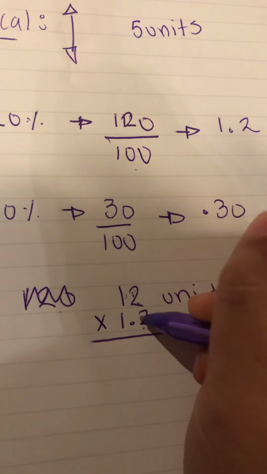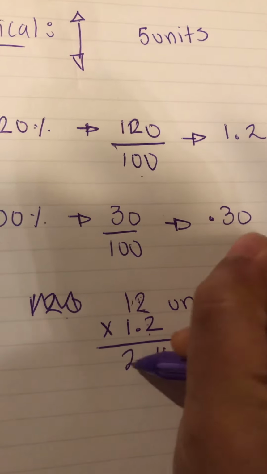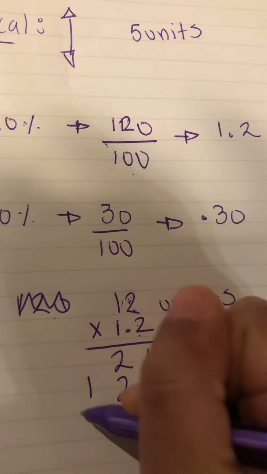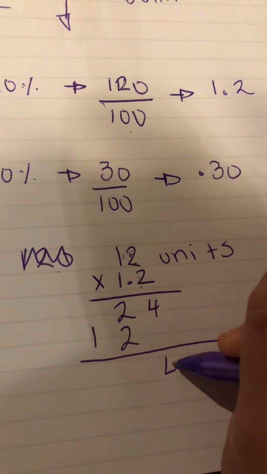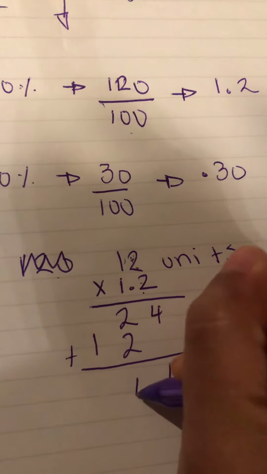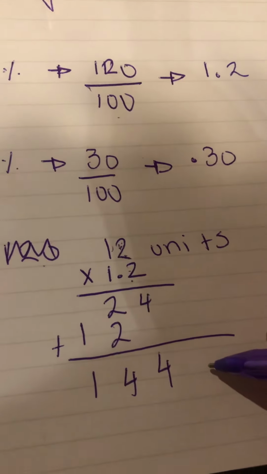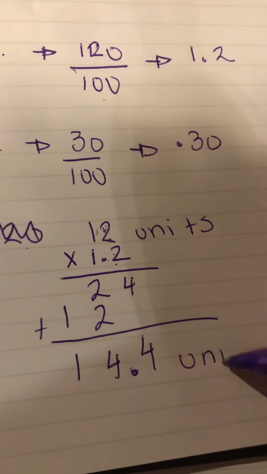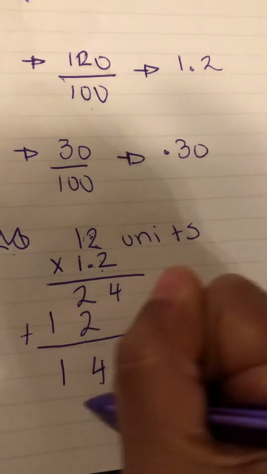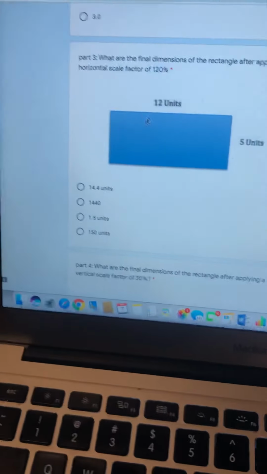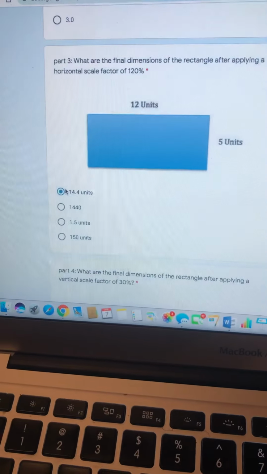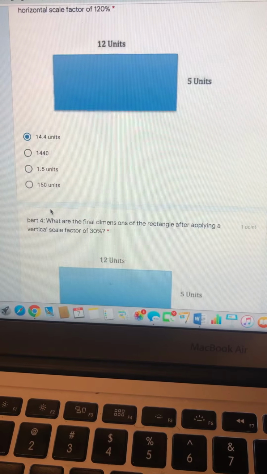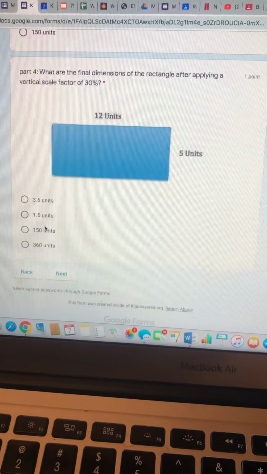And so this would give me 2 times 2 is 4, 1 times 2 is 2, 2 times 1 is 2, and 1 times 1 is 1. And then we add them, and you get 144, but I have one number behind the decimal, so that's 14.4 units, which makes sense because if my scale factor is 120%, that means it's getting bigger, and obviously it wouldn't make sense if it's 1,440 units.